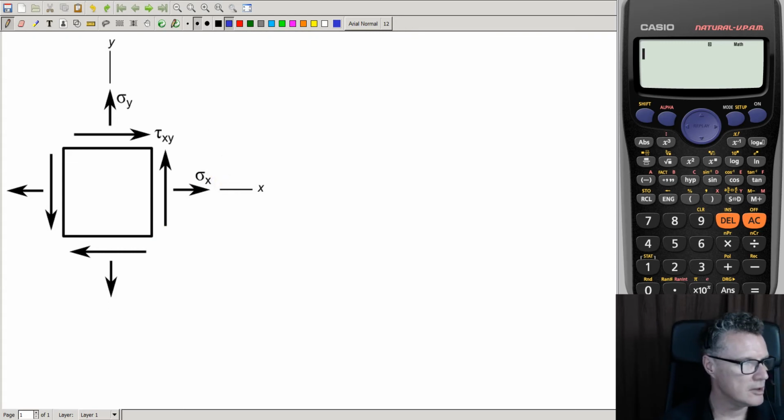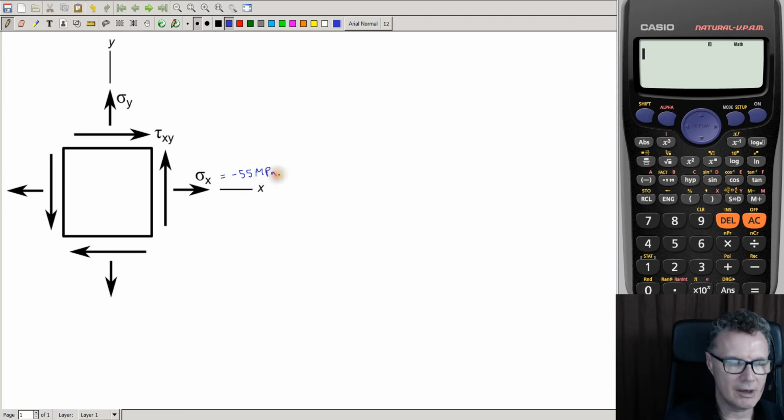I've shown my stress state assuming everything is in tension and rotating normally with the shear, but I am going to examine a problem that's actually in compression. So I'll put a minus here.